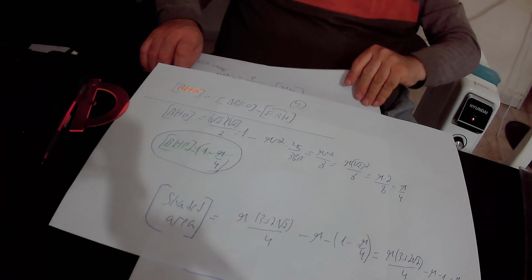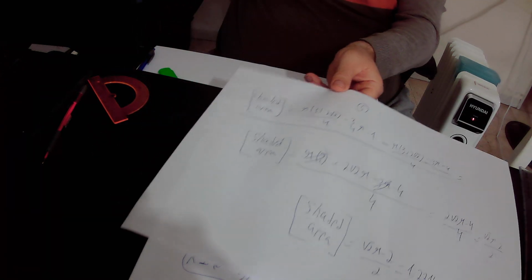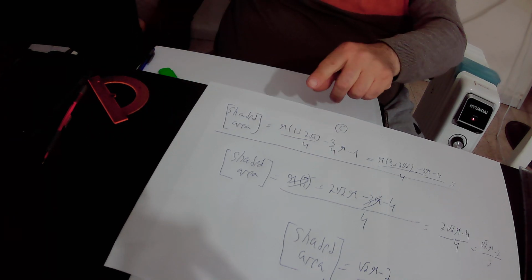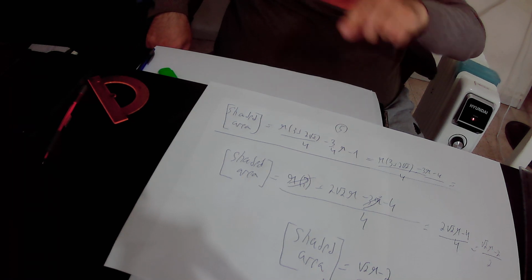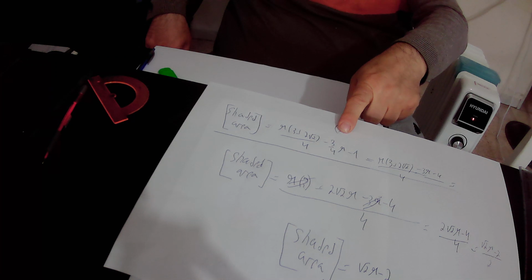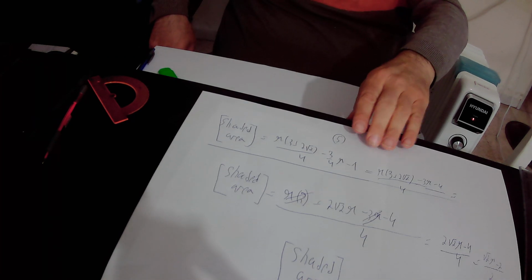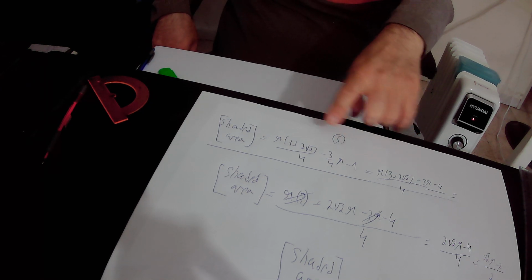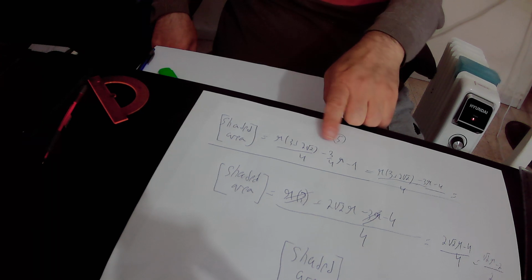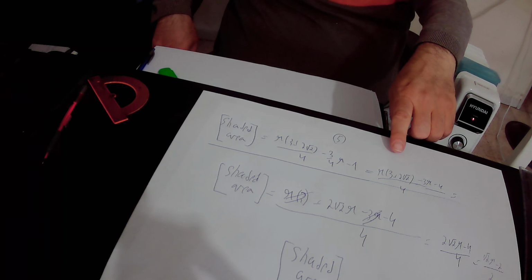So in total, we found out that the value of the shaded area equals pi times 3 plus 2 times square root of 2 over 4 minus 3/4 pi minus 1. Here we actually multiplied 1 by 4 and then divided it by 4 in order to account for a common factor with these two expressions. And in conclusion, we found out that the value of the shaded area equals pi.